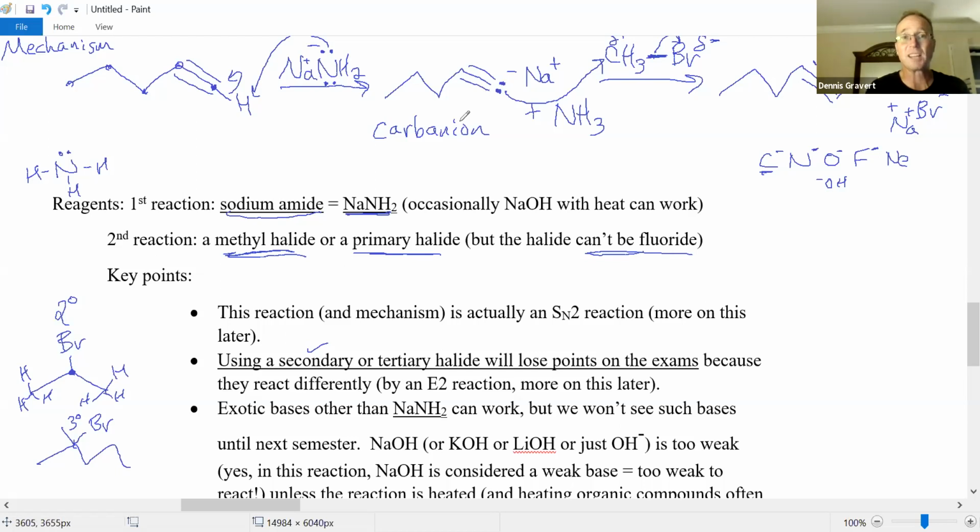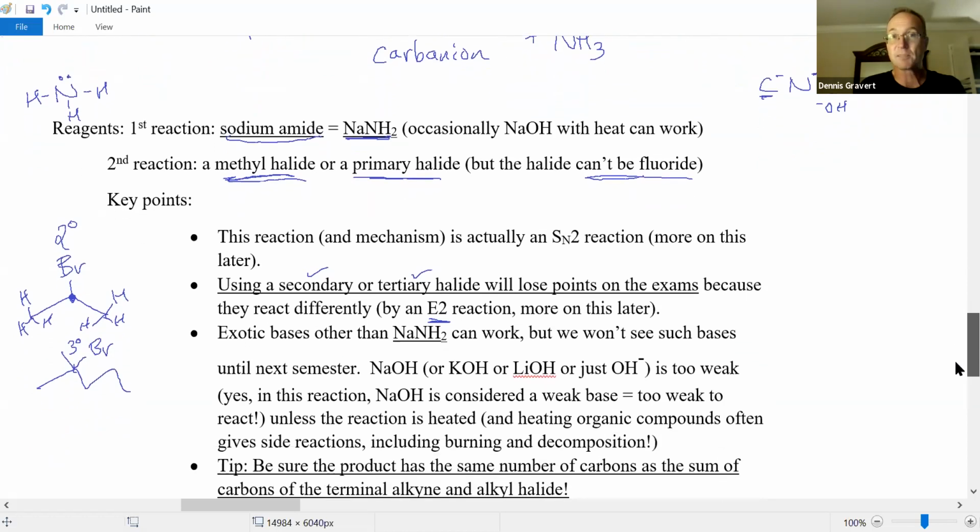And it gets desperate and actually will steal a hydrogen instead of attaching to that carbon. We'll see that later. We actually have a name for that type of reaction. It's called an E2 reaction later this unit. What you need to know now is if you try to use this halide or this one in the above reaction, it fails. Don't fail on the exam by using these. Yeah, don't use a secondary or tertiary halide because it doesn't work. So that's why you lose points, because it's an inaccurate prediction. It doesn't work.